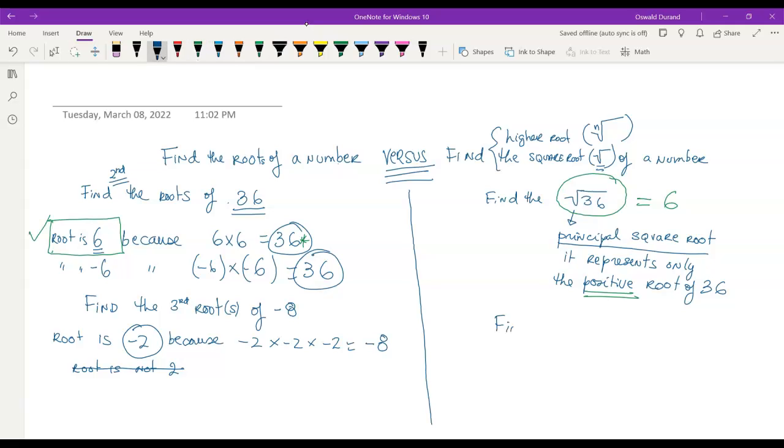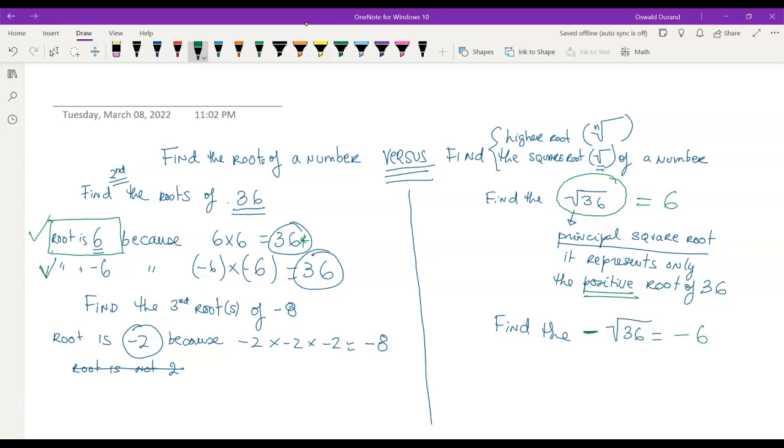Now, if you want to represent the negative part, then you have to find the negative. So you put a negative on the outside and you put next to it the square root of 36. That's the only time that you're going to represent the negative side. Okay, so here, to represent the negative side, you have to put a negative here, and then you have the negative root.